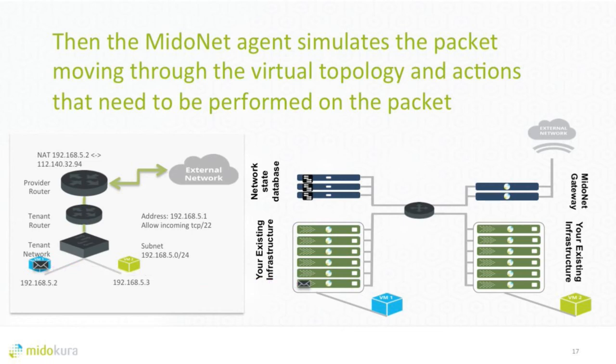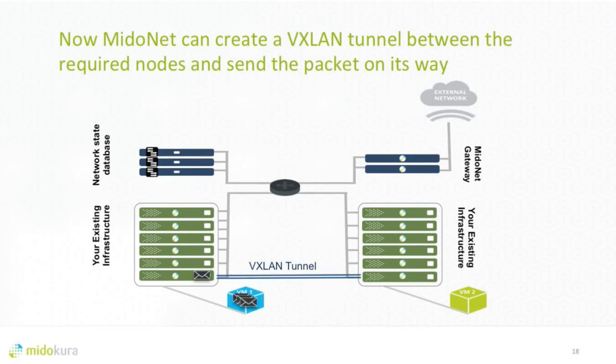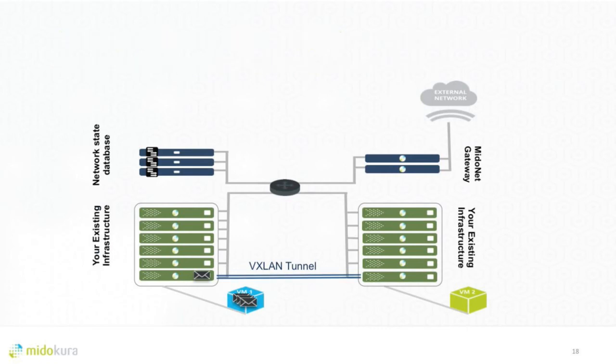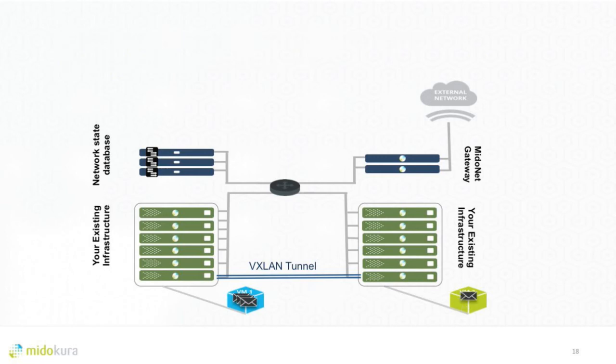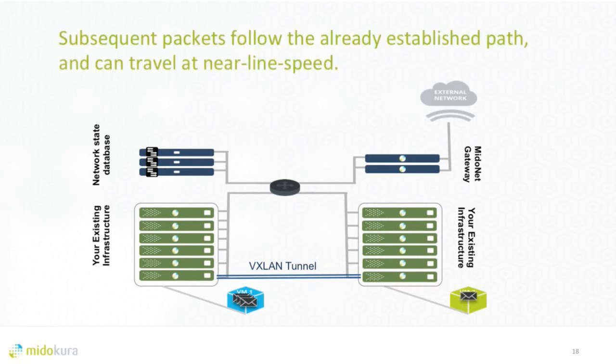So whether that be NATs or load balancing, that would all be done in simulation, figured out, manipulated on the packet, and can be sent over the VXLAN tunnel, which was set up and received by the destination compute host. Once that simulation is done, all the remaining packets for that traffic flow can be sent at near line rate, just the overhead of the VXLAN tunnel.